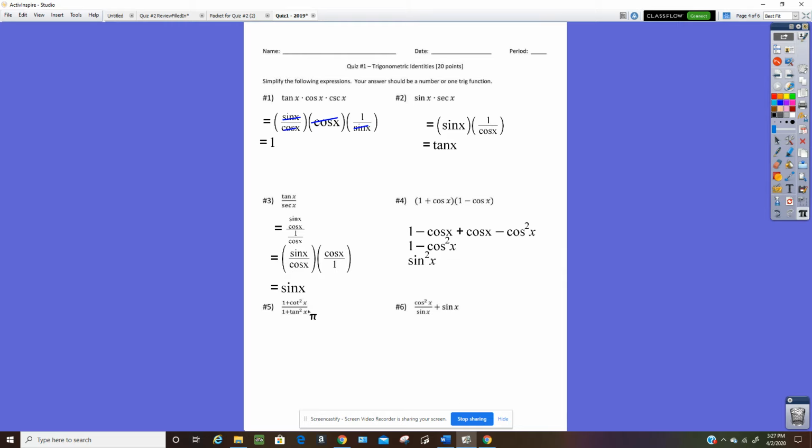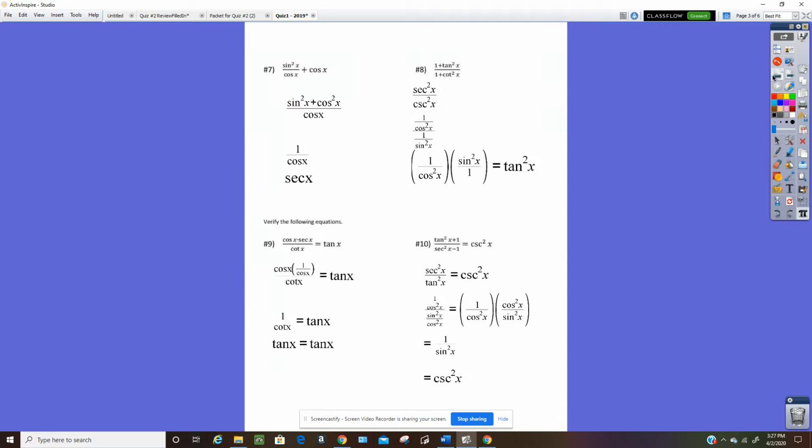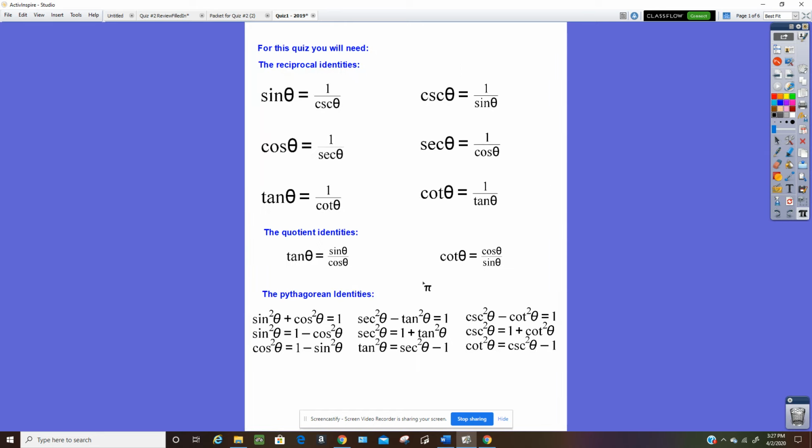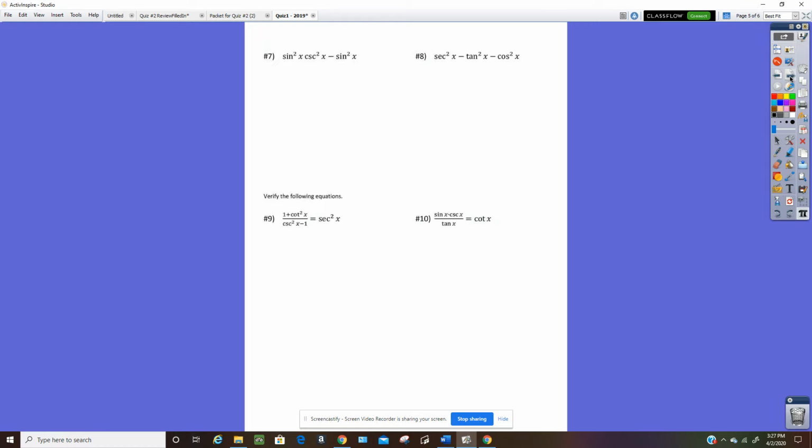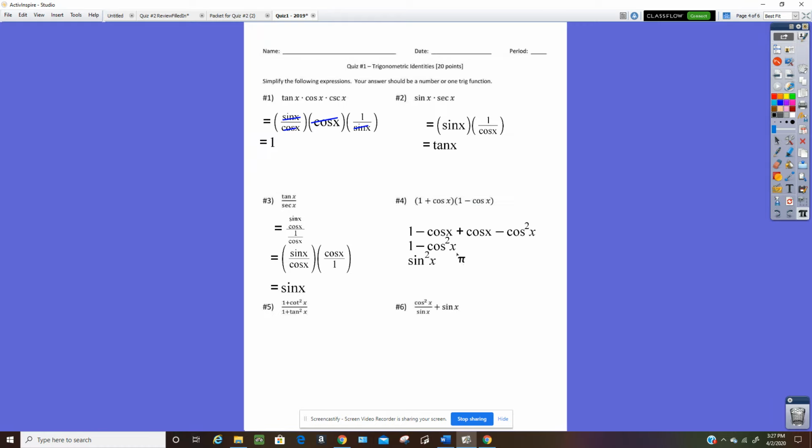And then 1 plus cotangent squared, that's also a Pythagorean identity. 1 plus cotangent squared right here is cosecant squared. And this is secant squared.